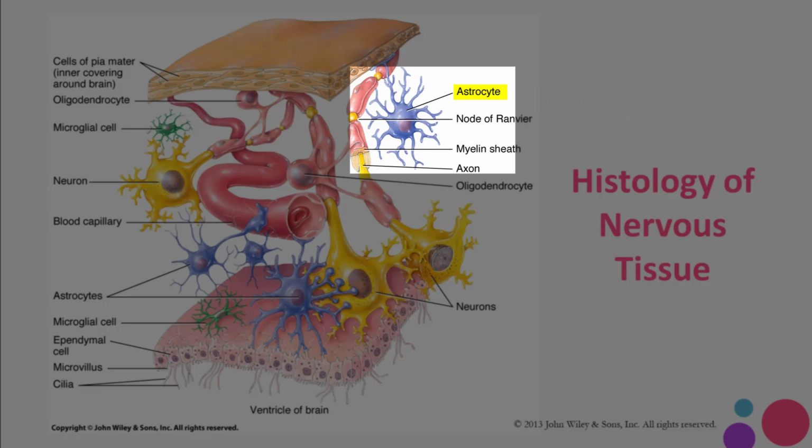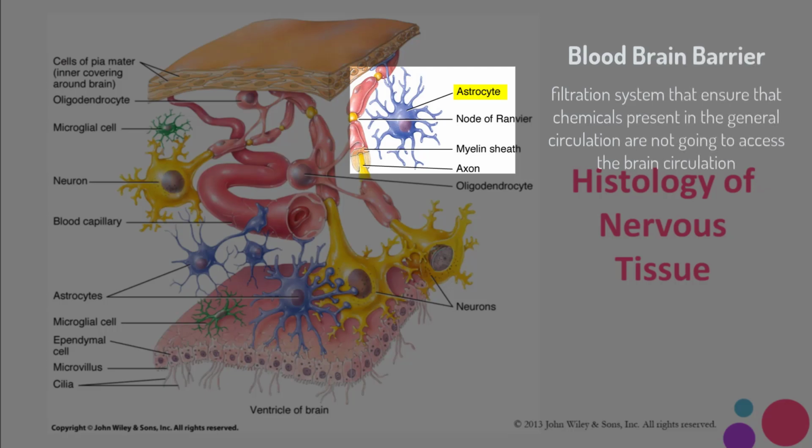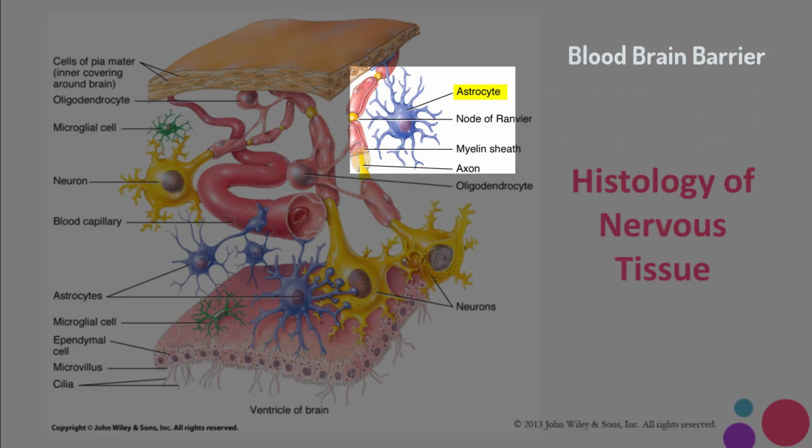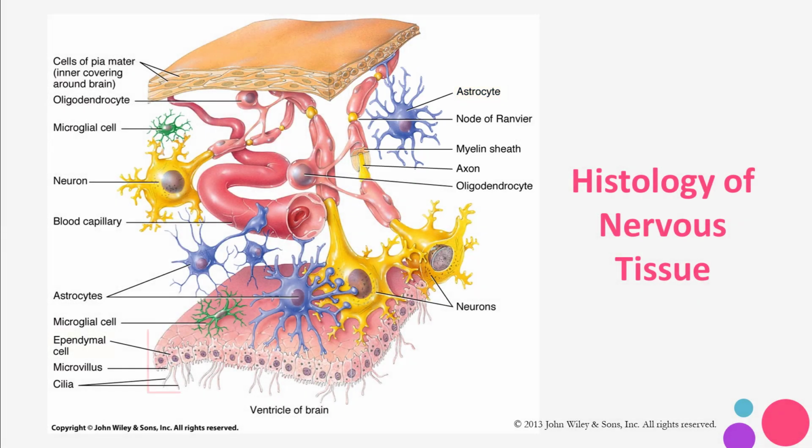Now, the blood-brain barrier is like a filtration system, and it ensures that chemicals present in your general circulation do not access the brain circulation. It separates the brain circulation from your general circulation. Astrocytes can also help repair damaged nervous tissue and guide new neuron development.